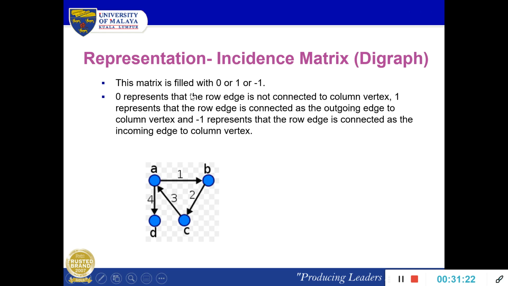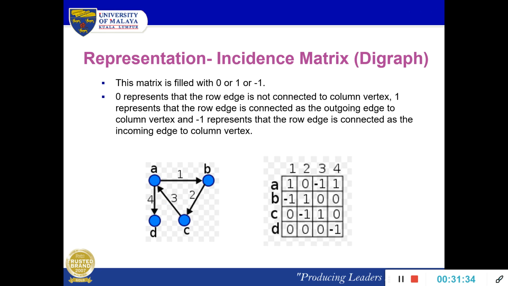So let's see the example here. You have vertices A, B, C, and D, and you have edges 1, 2, 3, 4. Again, it's the same as the undirected graph. On the row you put a vertex, and on the column you put an edge.